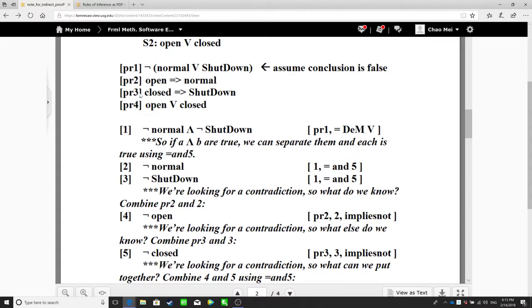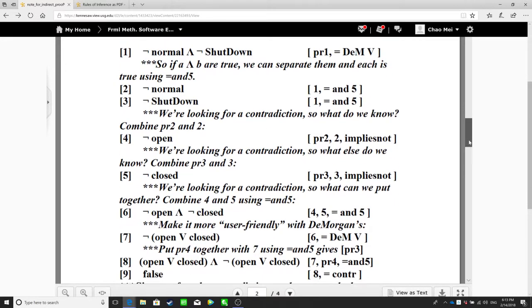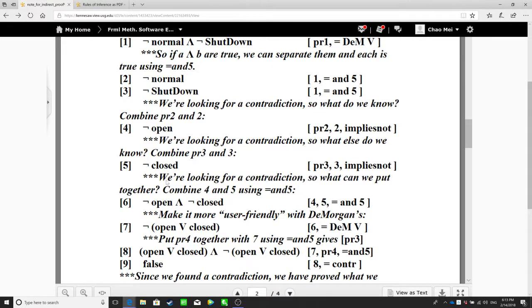Let's look at PR3 here and 3 shut down. It's the same thing. We use implies not from PR3 and 3. So closed implies shut down. Now we know negation shut down, which means we know negation closed.